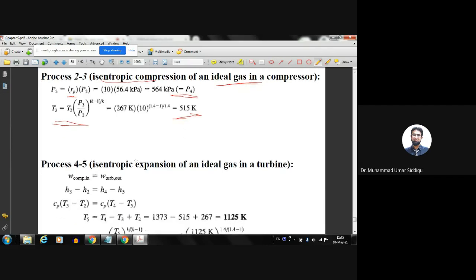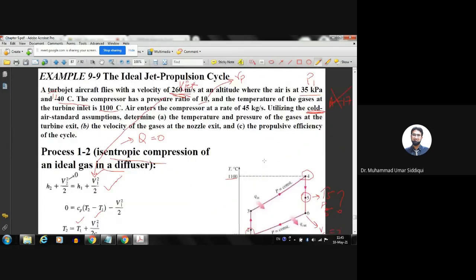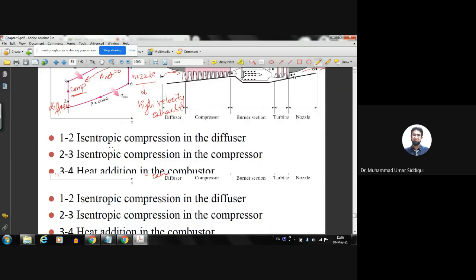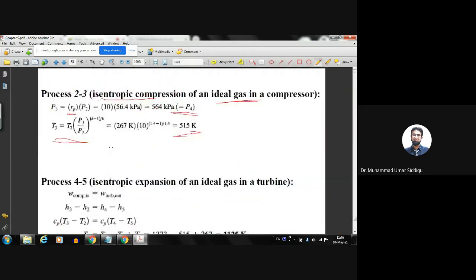One is the isentropic expansion in the turbine. But for the turbine, as I have mentioned before, our main objective is not to produce work output. So the net work is 0. When we say the net work is 0, that means the work out of the turbine will be the same as the work in of the compressor.